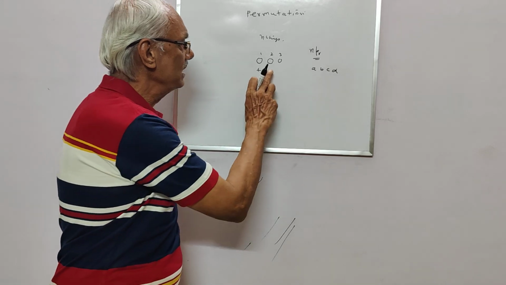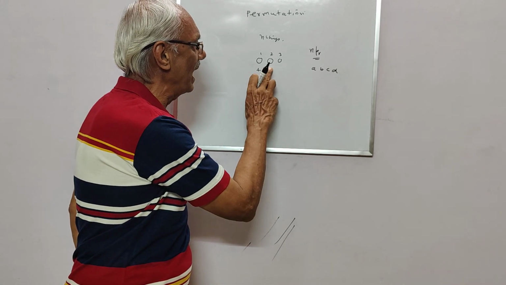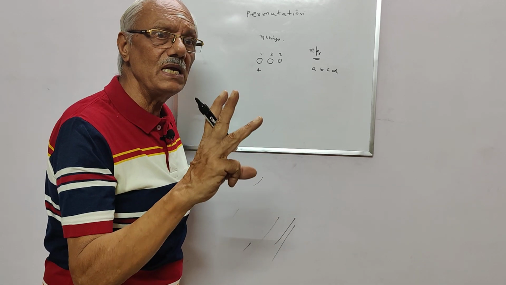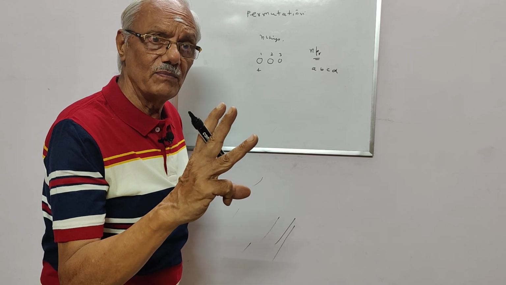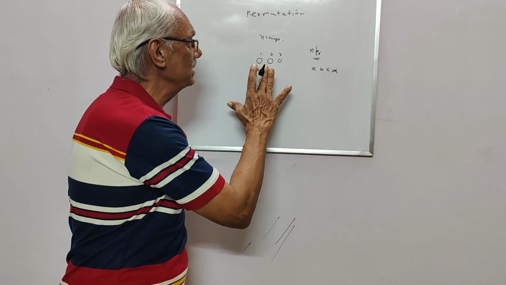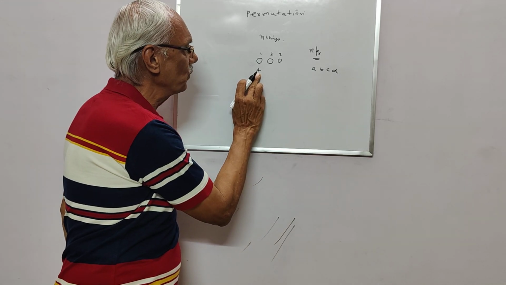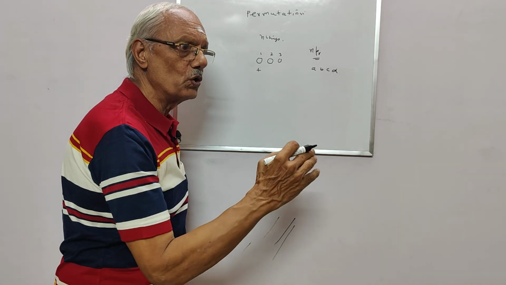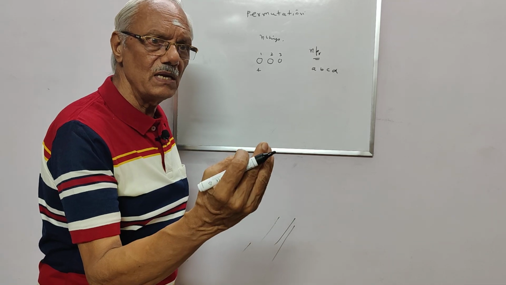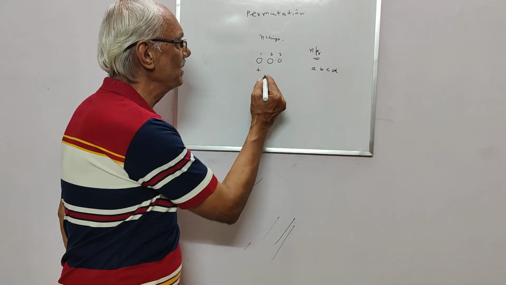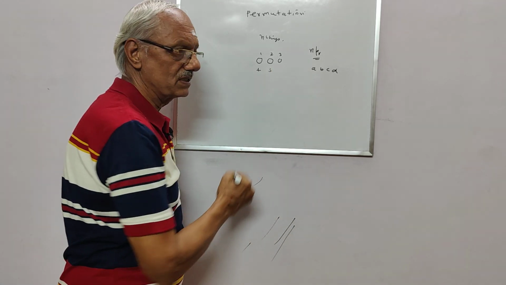That means for this place I will have only 3 remaining alphabets which can be put in this place too. As I told you, this can be filled in 4 ways, and now that you are left with 3 alphabets, this can be filled in 3 different ways.